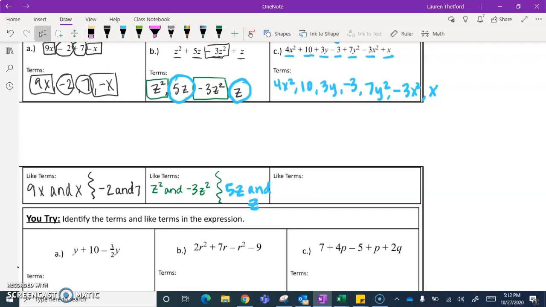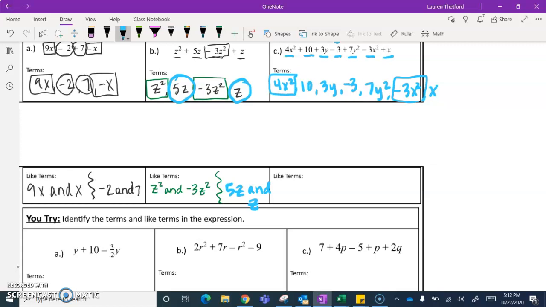So now for our like terms, I'm going to draw above because I'm writing kind of large and I don't have enough room, but we have anything with an x squared. So we have 4x squared and we have negative 3x squared. Those are like terms.